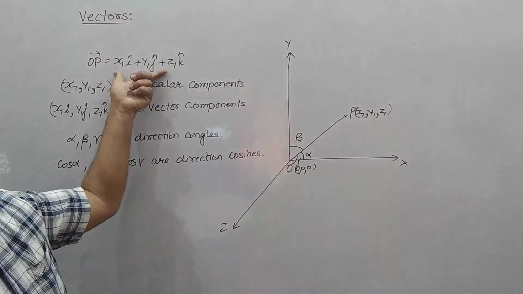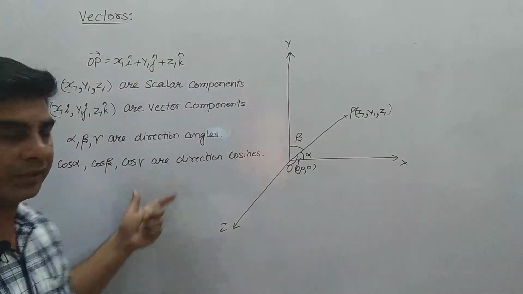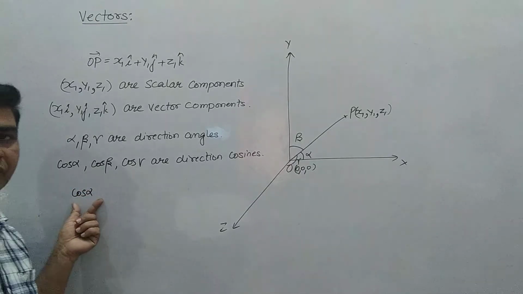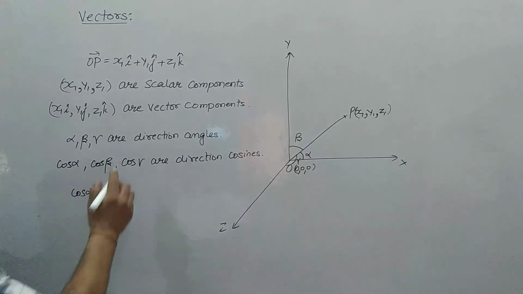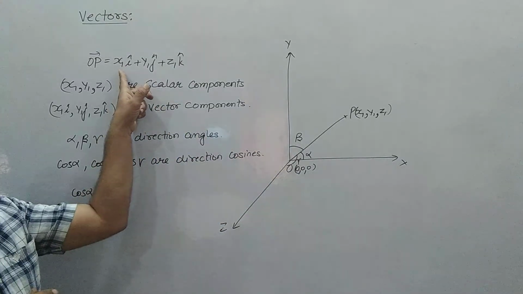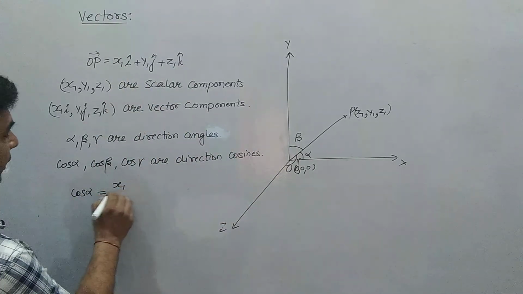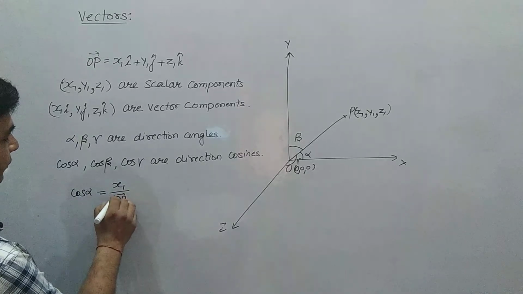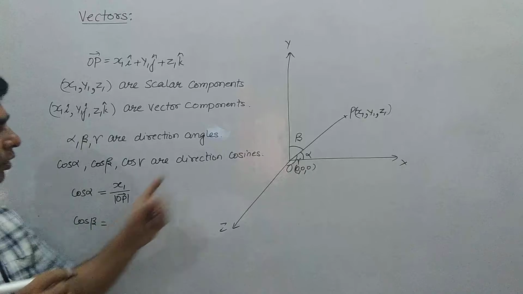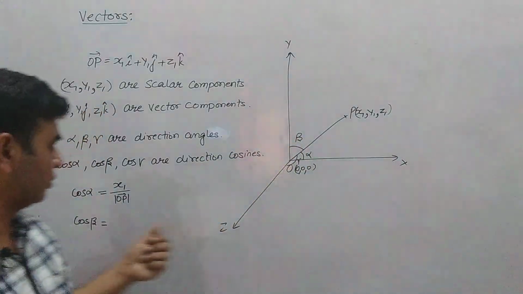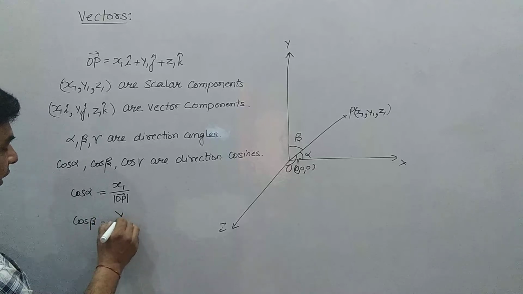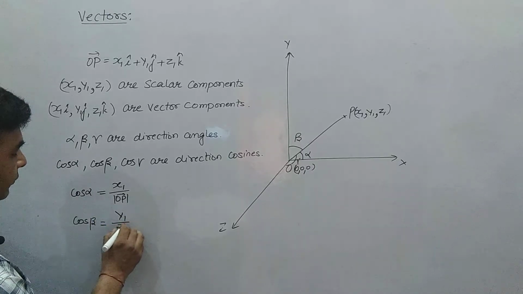Let this be the given vector and we want to find the direction cosines. Cos alpha, the direction cosine along the x-axis, is given by the scalar component along the x-axis, which is x1, divided by the magnitude of the vector. Same for cos beta, the direction cosine along the y-axis: it is y1 upon the magnitude.